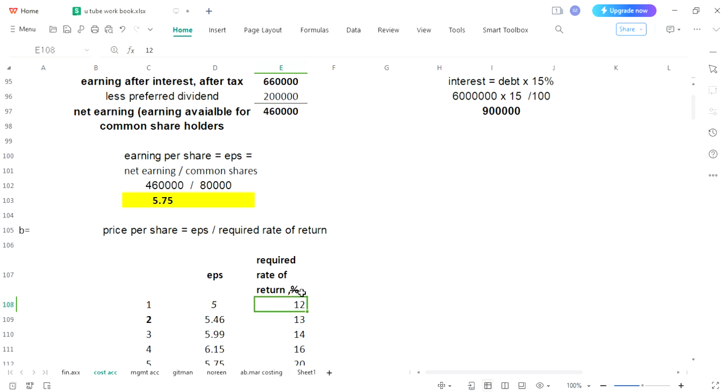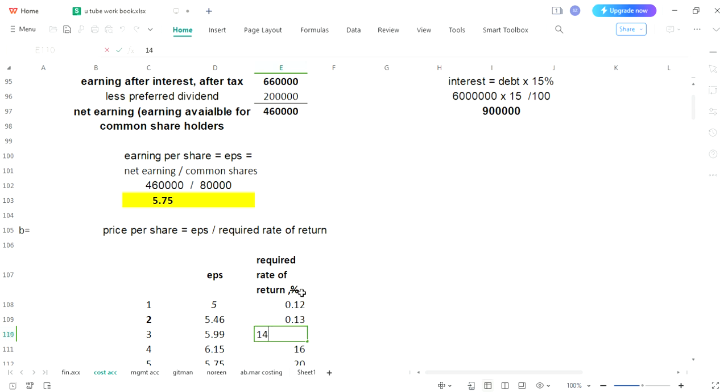And when you make it a percent, I'm sure that you know percent means 12 divided by 100. So what you will write is 0.12. In the similar way, you will change 13%. Why am I doing it?